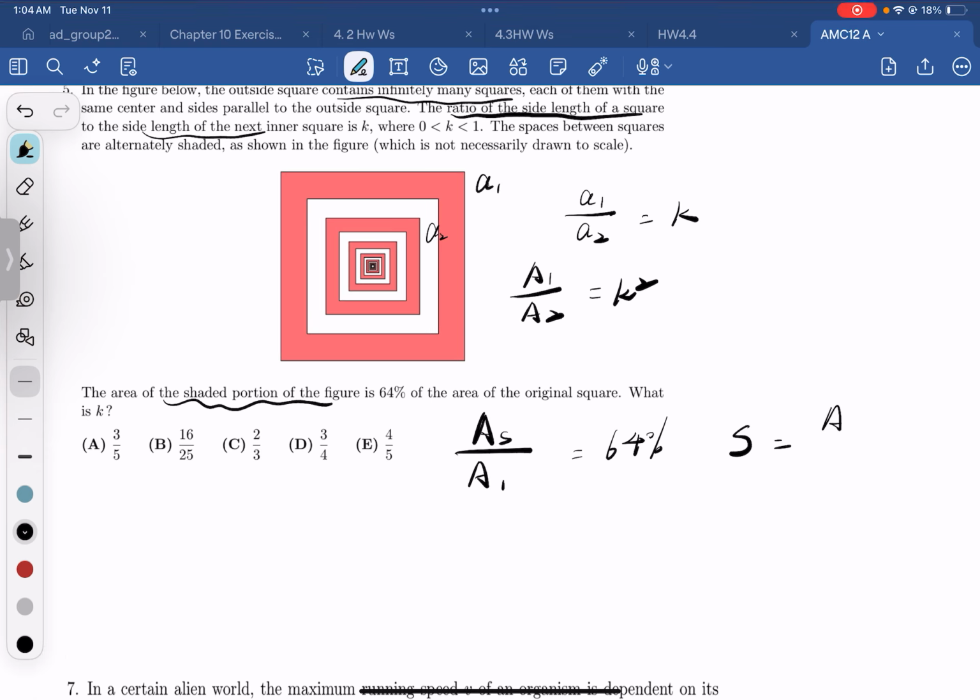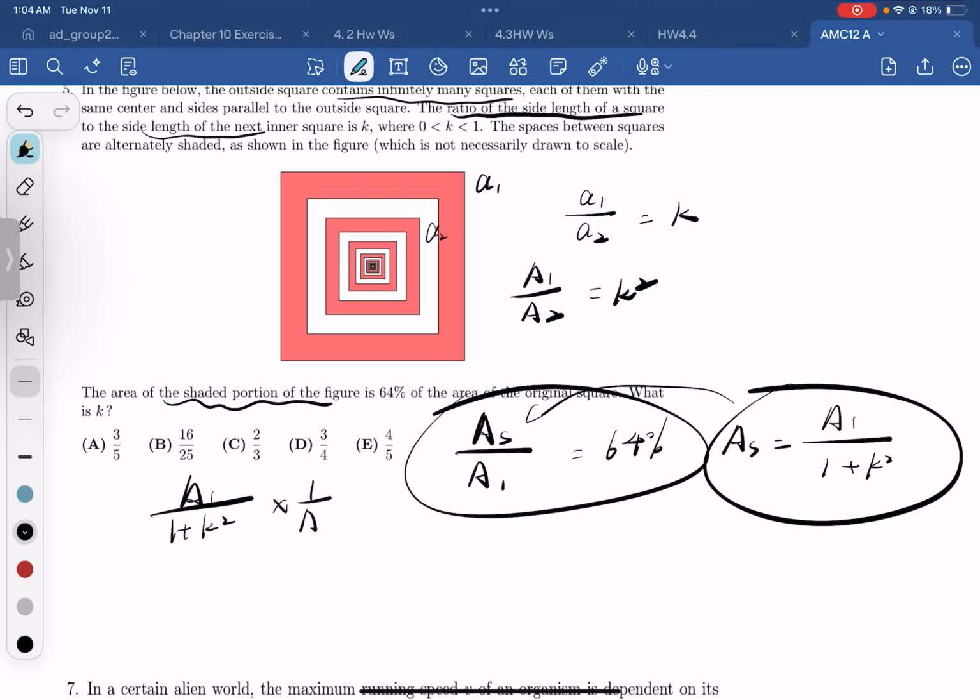So we know this formula and this formula, so we can get it. The shaded area is a1 over 1 plus k squared. So just plug the shaded area into this one. It goes to a1 over 1 plus k squared times the reciprocal of a1 equals 64%.